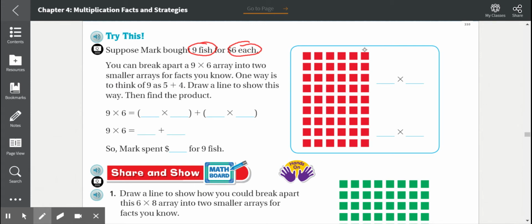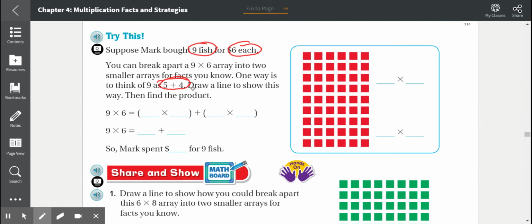Okay, so here is the array right here for 9 times 6. 1, 2, 3, 4, 5, 6, 7, 8, 9. There's the 9. And then here we have 1, 2, 3, 4, 5, 6. Let's break apart the 9 into 2 smaller arrays. One way is to think of 9 as 5 plus 4. Draw a line to show this way and then find the product.